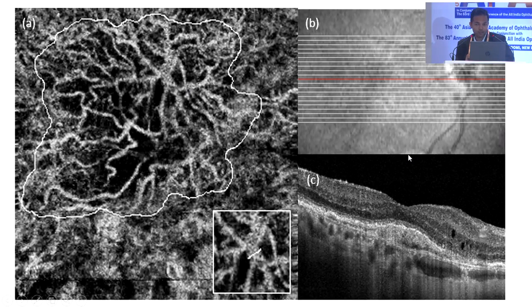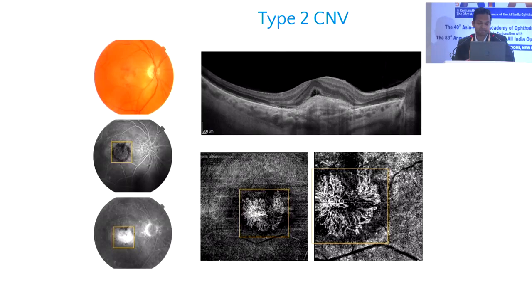Where OCT angio perhaps helped us was to understand that while there was fluid prior to any kind of anti-VEGF in a naive eye, as the anti-VEGF was given, the branching vascular network decreased on the sides and the fluid resolved, but a central feeder vessel would always persist. That's something which helped us perhaps understand the pathology, the reason for the recurrences despite giving an anti-VEGF.